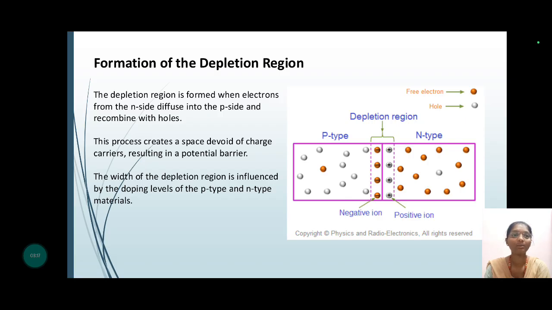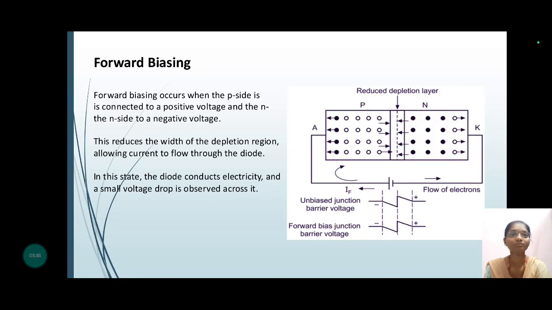The width of the depletion region is influenced by the doping levels of p-type and n-type materials, as we observe in the beside picture. Orange indicates free electrons and white indicates holes, and in the middle of the p-type and n-type we can see the formation of the depletion region.